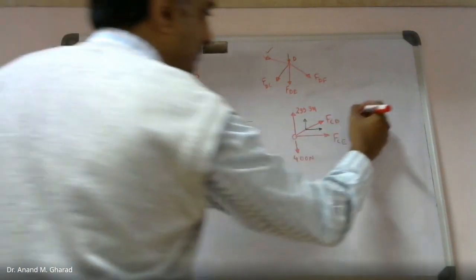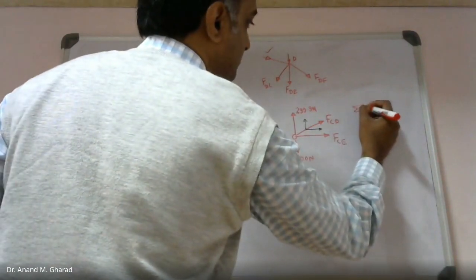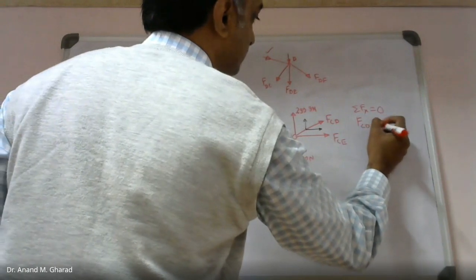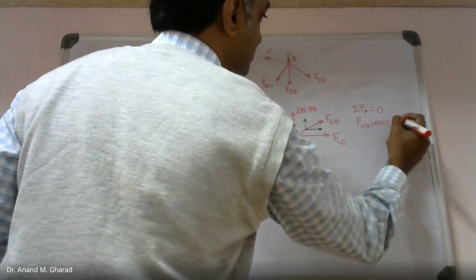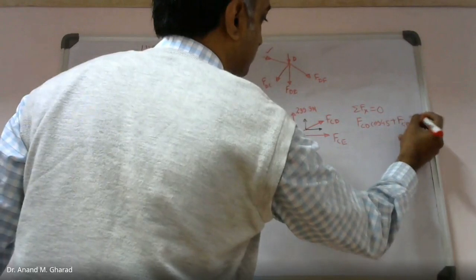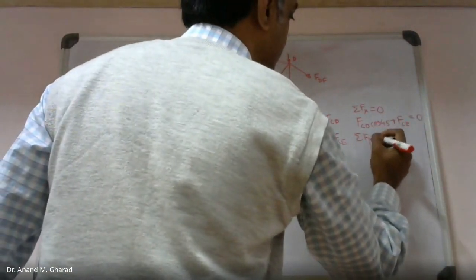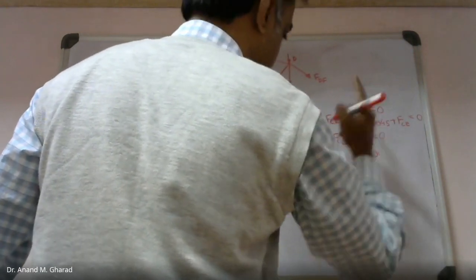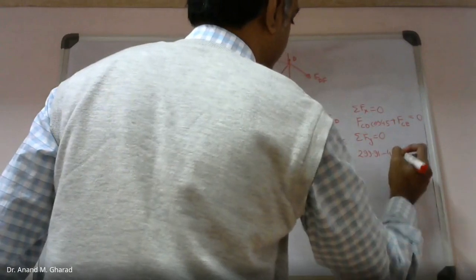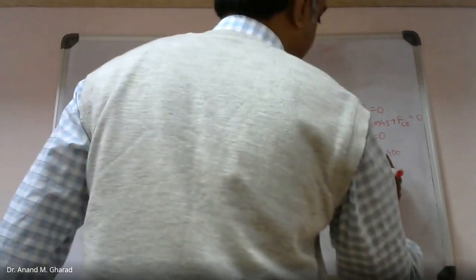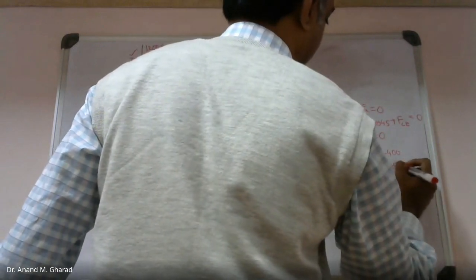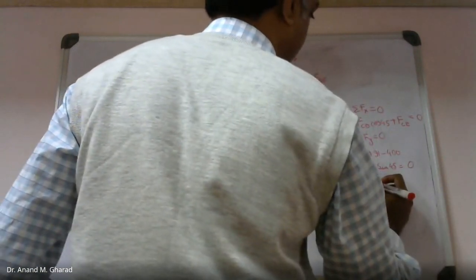Okay. So summation of forces in x direction equal to 0. FCD cos 45 plus FCE equal to 0. Then this equation: 299.91, which is positive, minus 400 plus FCD sin 40. देखो कितना आता है FCD वैल्यू, फट से बताओ.